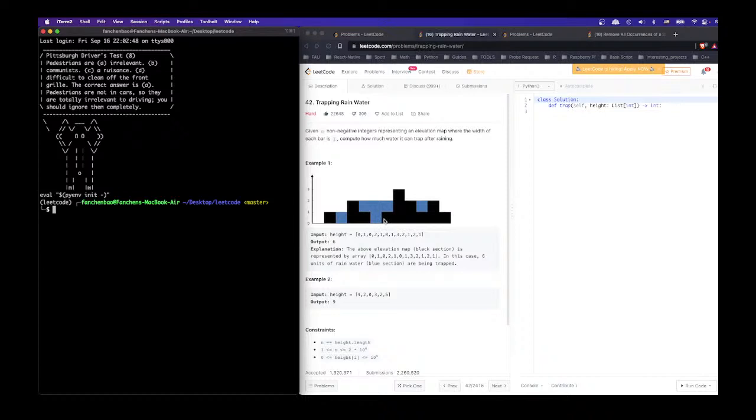That means we're gonna pop, right? So like here, a 0 comes in, and then a 1 comes in, it's bigger than 0. So we need to go to the previous one and compute the difference between the two, and then multiply by the distance between the two. So we get the total amount that can capture the rainwater by this portion, right?